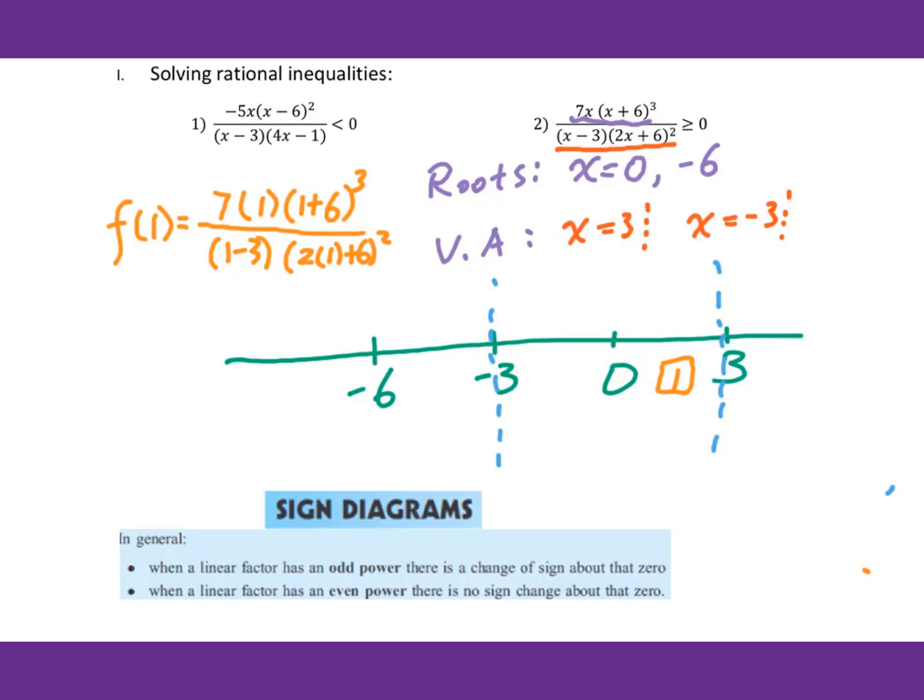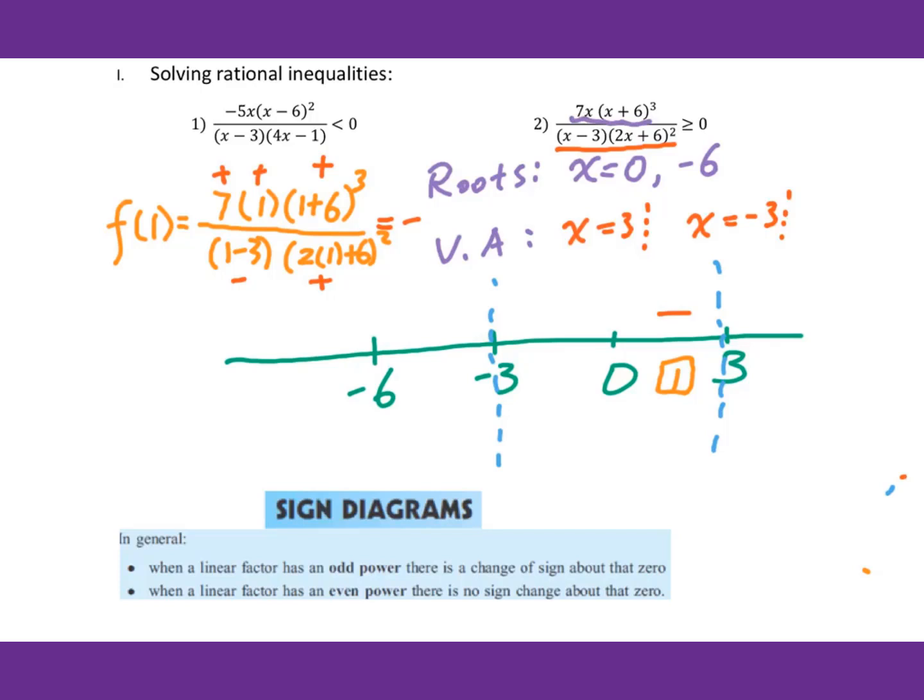Then check the sign. 7 is positive, 1 is positive, (1 plus 6) to the third power is positive. 1 minus 3 is negative. 2 times (1 plus 6) squared is positive. So we got a negative, which means this interval is negative.